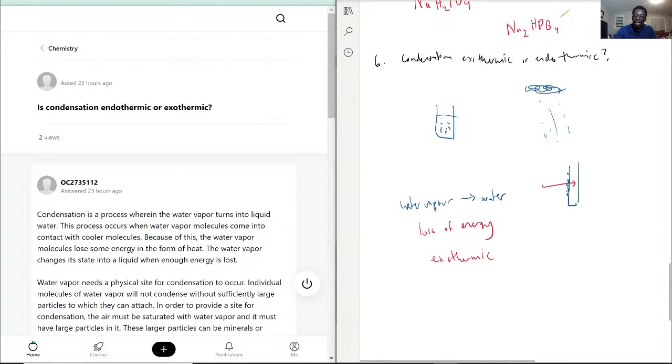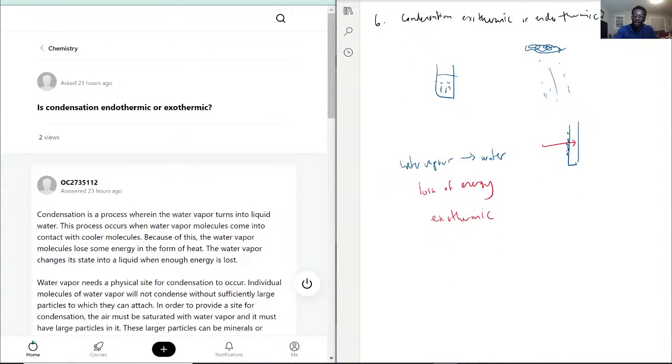In this scenario, if this was the glasses, the glasses are now the system instead of the water itself. This is gaining energy, and that would be endothermic.